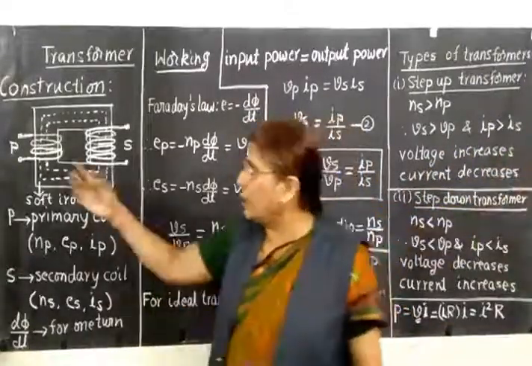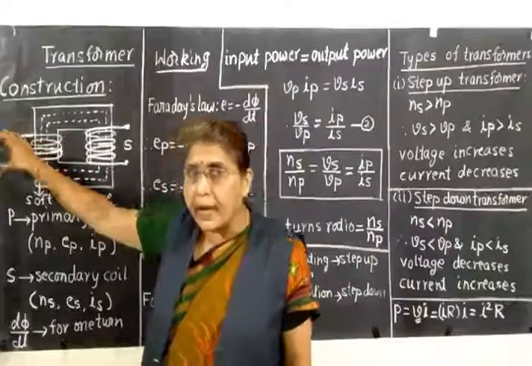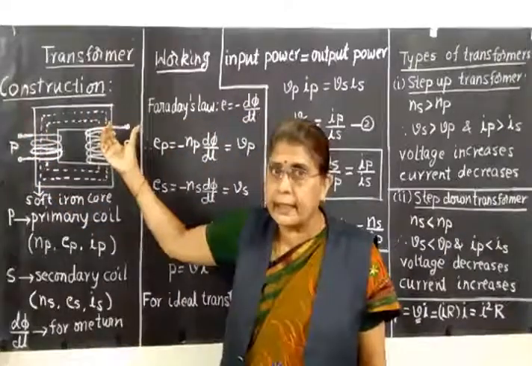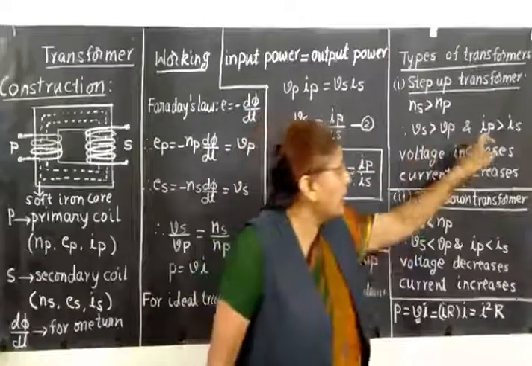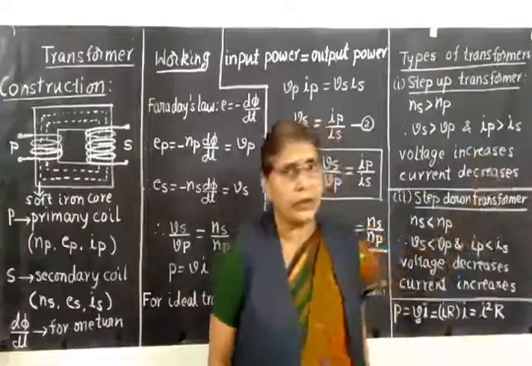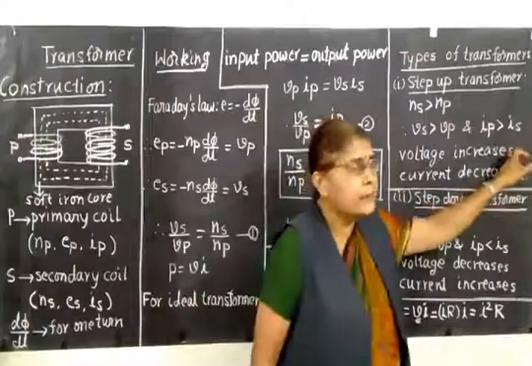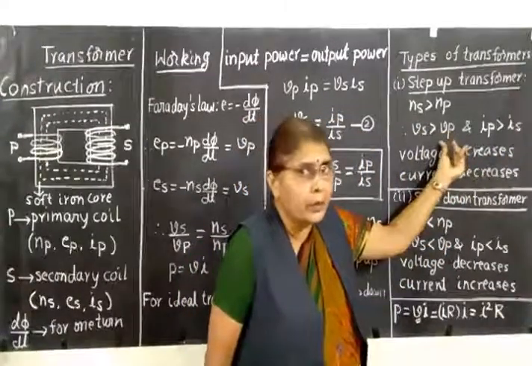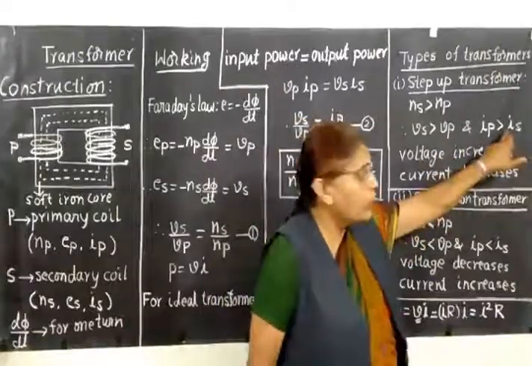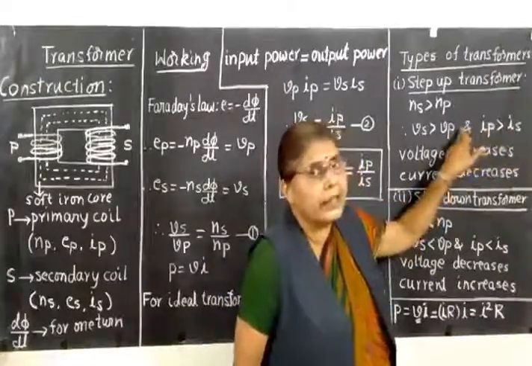So here input is applied to the primary and output is taken across the secondary. So subscript P refers to input and subscript S refers to output. So let us find out the meaning of this. Here output voltage is greater than the input voltage, but the output current is less than the input current.